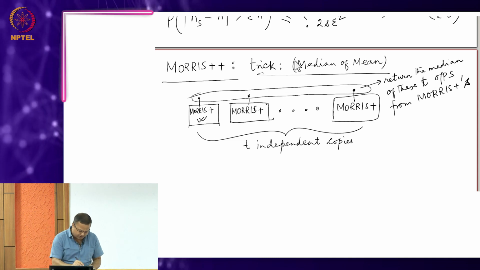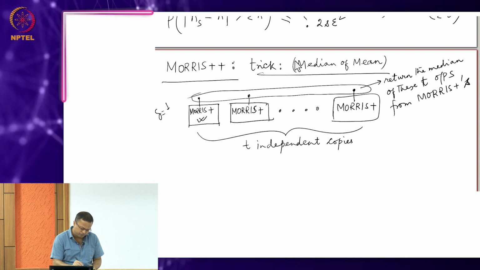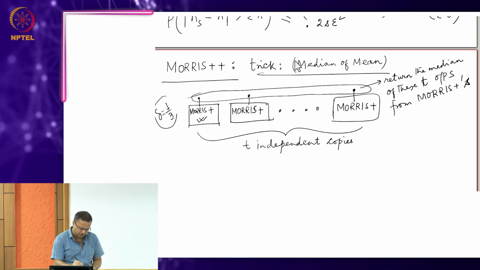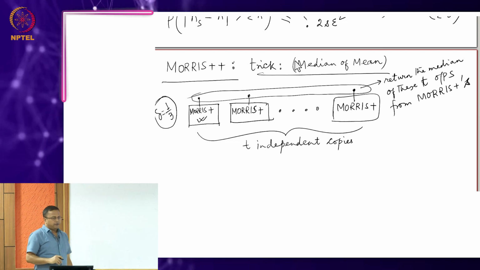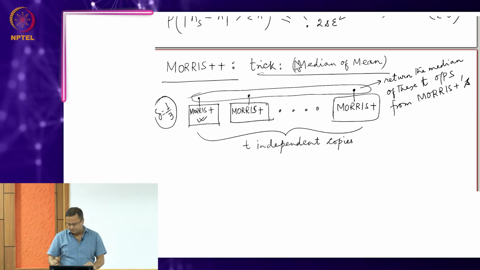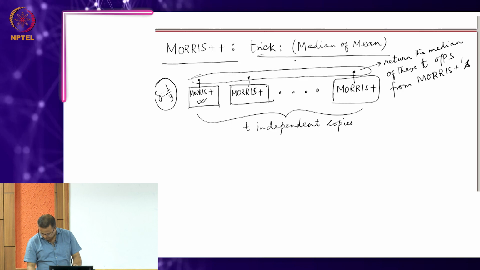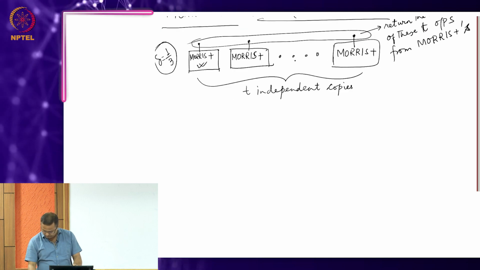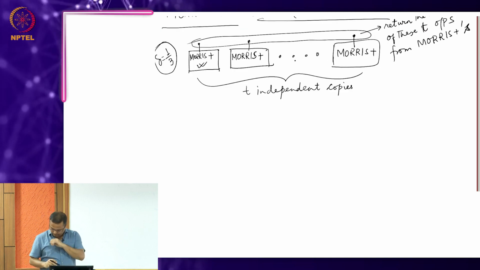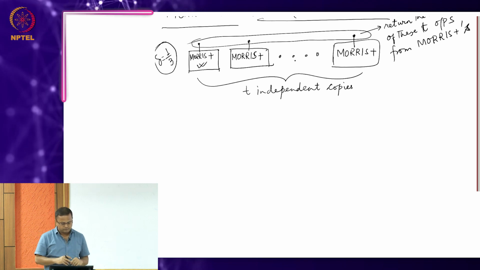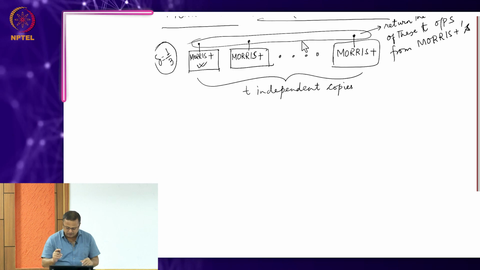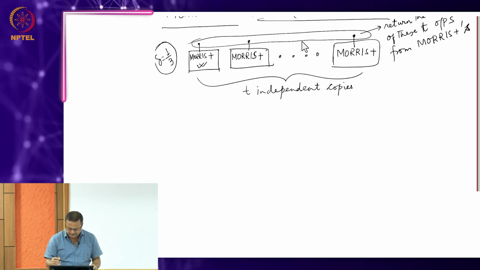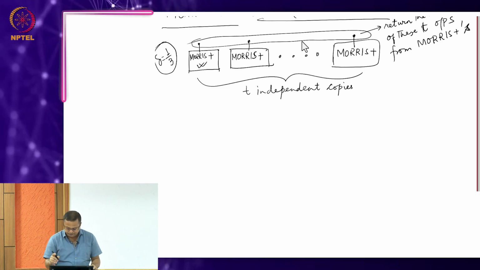For example, think of delta as some probability value less than 1/3 or less than half. So delta is 1/3. Let me say the error probability is 1/3, so success is 2/3.